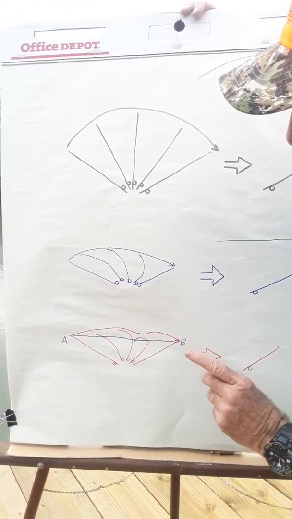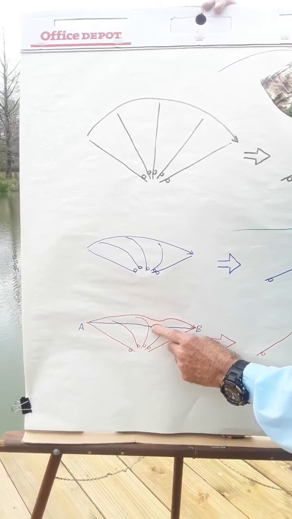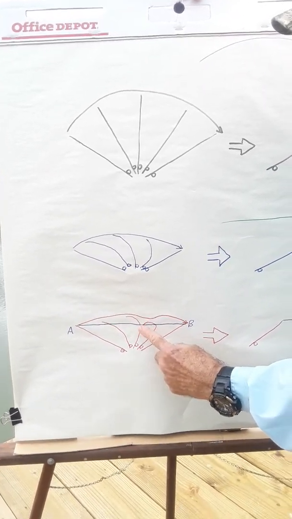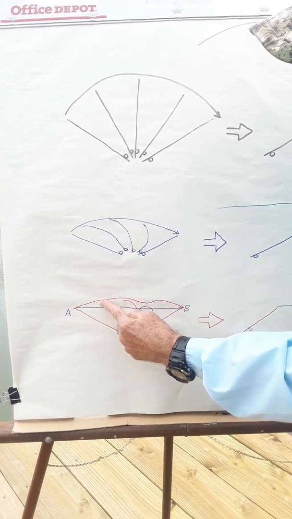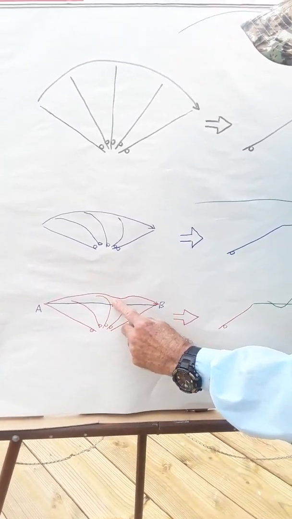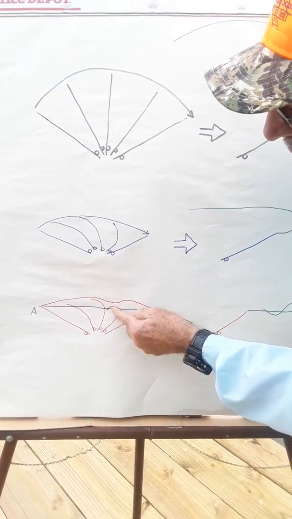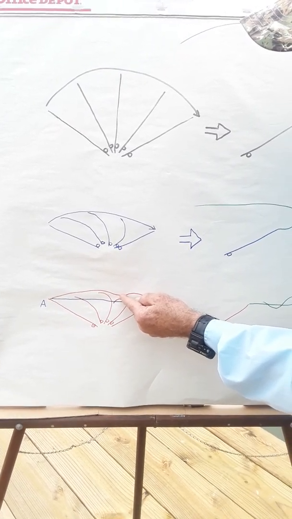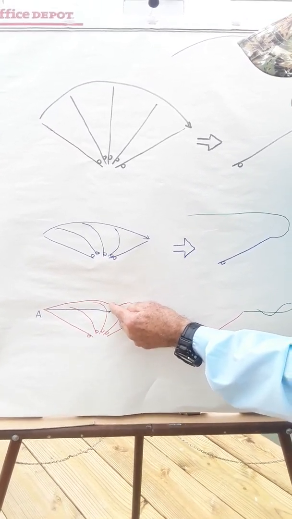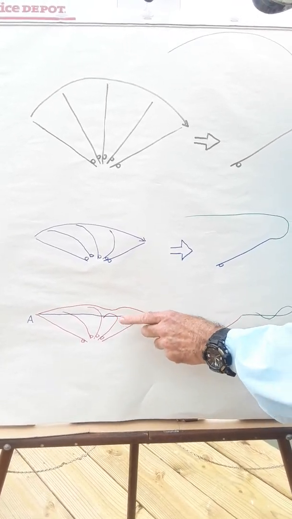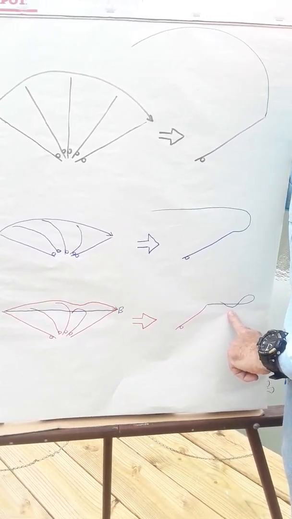If for some reason our rod tip traveled below that straight line path, so the path of the rod tip went relatively flat, or in a very slight dome, and then dipped down below the SLP and then came back up, that causes our tailing loops.